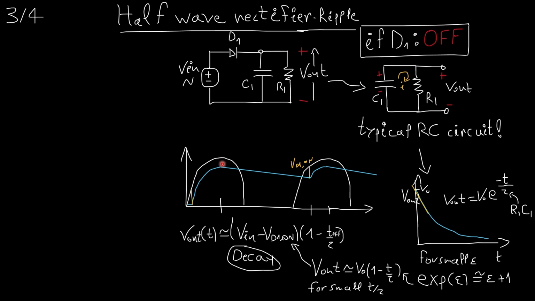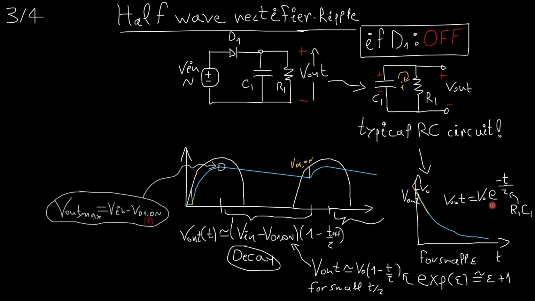Vin minus VD on, the same difference here, the highest point, times 1 minus t over tau. t is going to be the time that the diode is off. This is the decay of the capacitor's voltage. Again, the diode is off for this region and this region, etc. The maximum voltage here at the output must be equal again to Vin minus VD on.